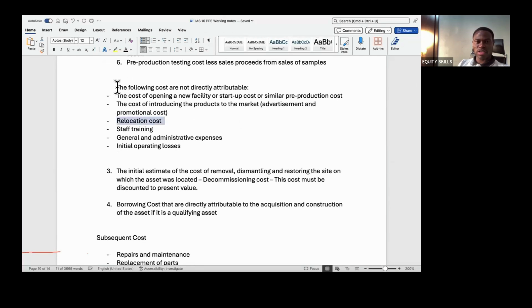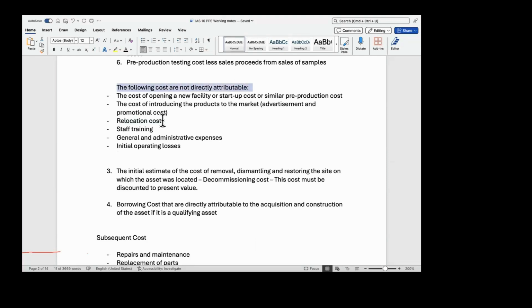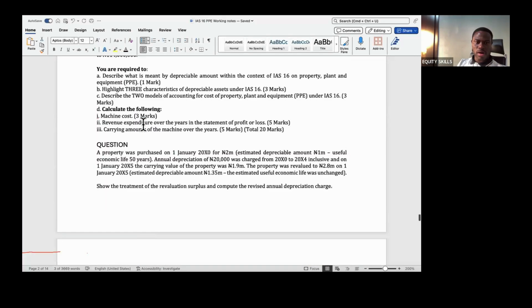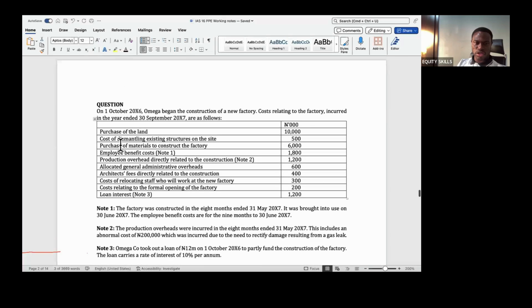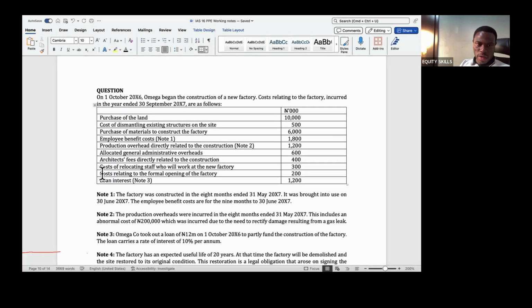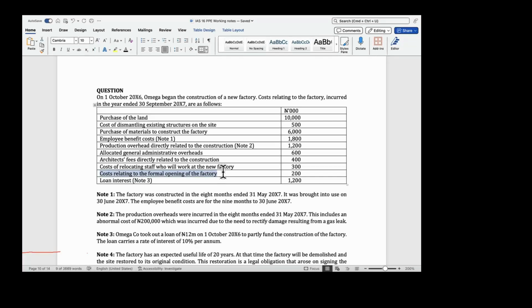See, relocation costs: the following costs are not directly attributable. So it should be expensed. Cost of relocating staff, expense. So we won't include that. What about costs relating to the formal opening of the factory? That is expense. It is not even attributable. It's ceremonial. Exactly.